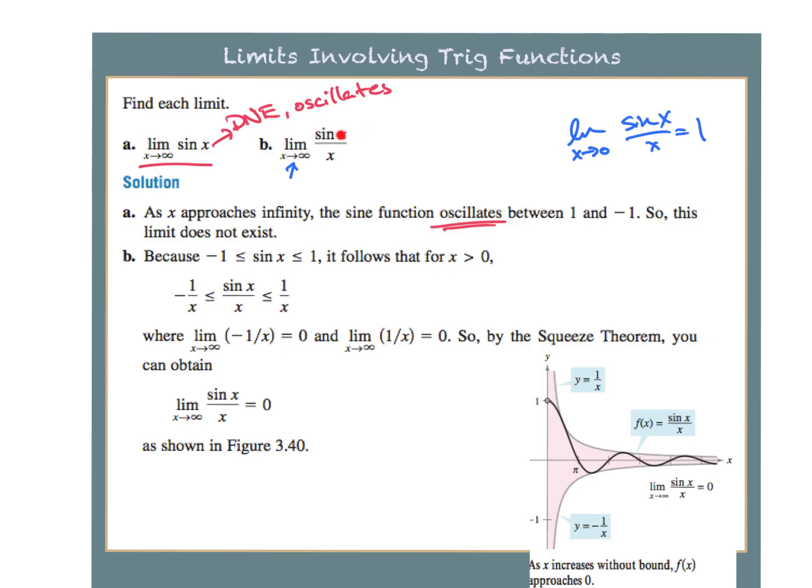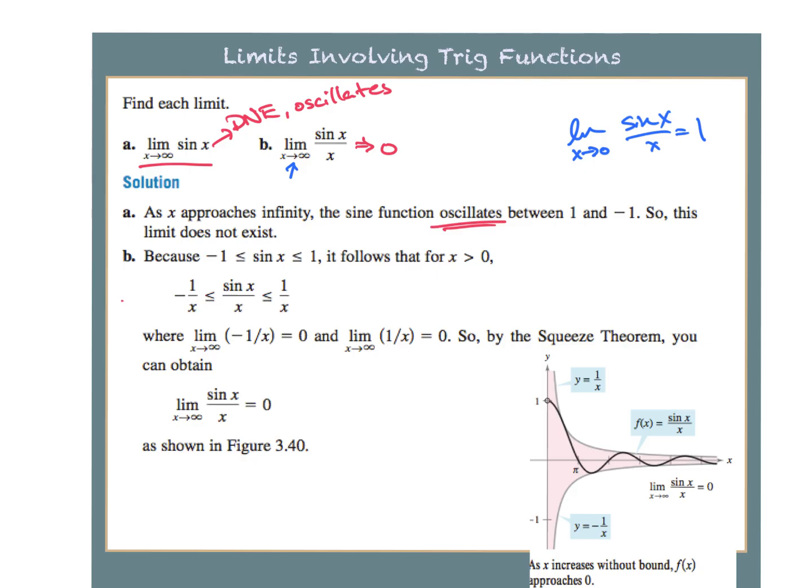Negative 1 to 1. And so up top in my numerator, I have negative 1 to 1, and in my denominator, I'm going to have infinity, which is really what? Big. So who won? The bottom one. And when the bottom wins, what does it go to? It goes to 0. So that's the way I would think about that one.